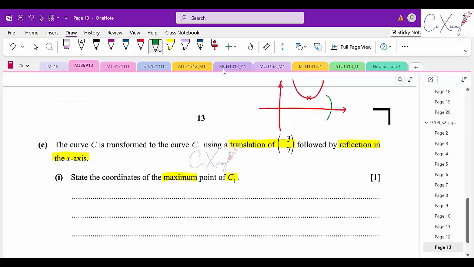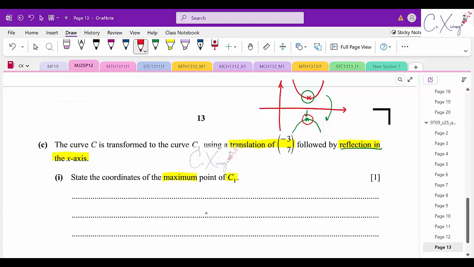When you reflect it through the x-axis, you will see that your minimum point will become a maximum point. So this is the original minimum point. When you have the reflection in the x-axis, that means it is an up-down reflection. When you reflect the graph up-down through the x-axis, your minimum point will now become a maximum point.